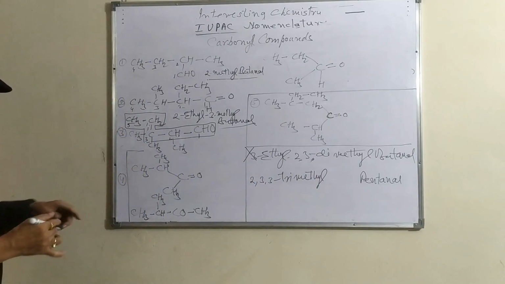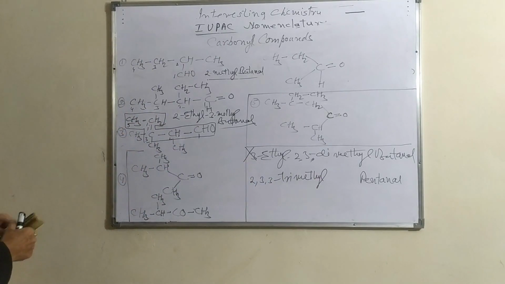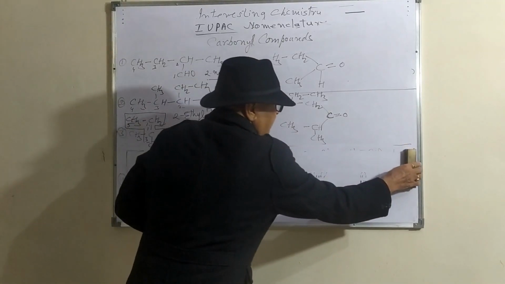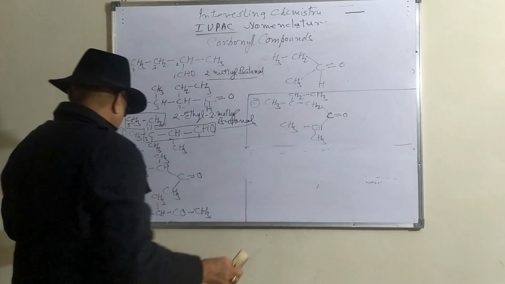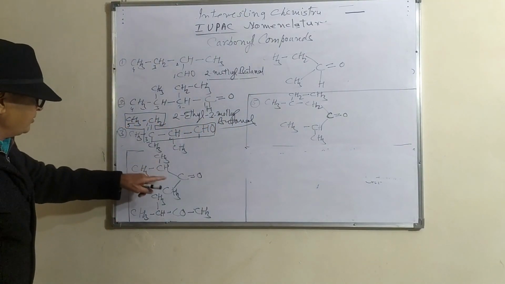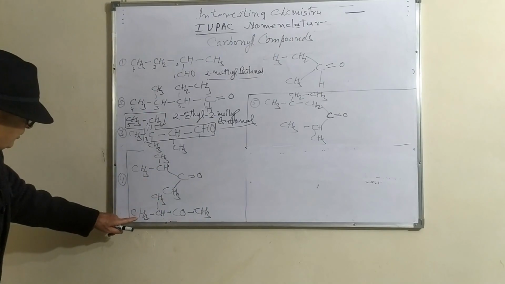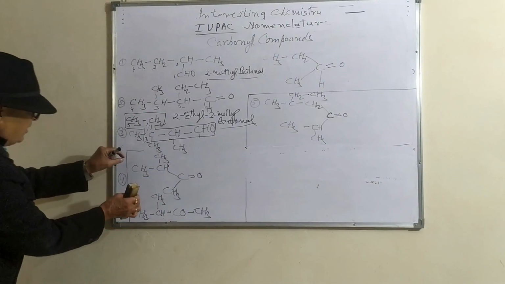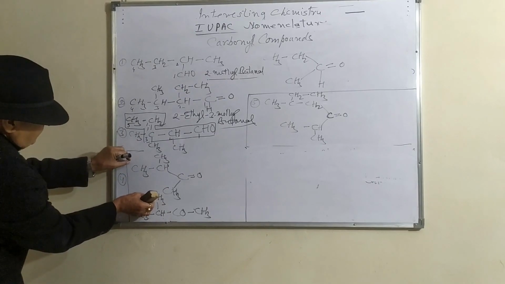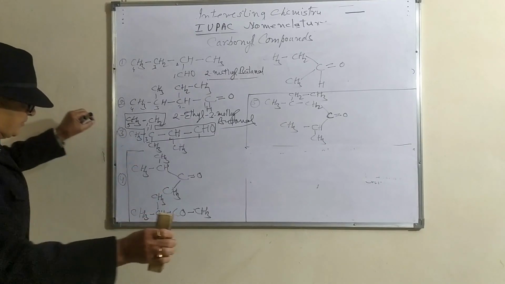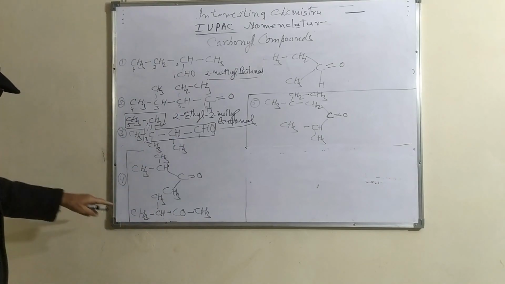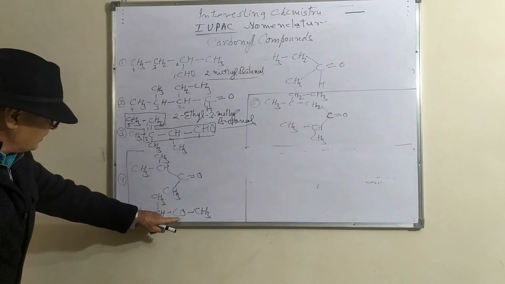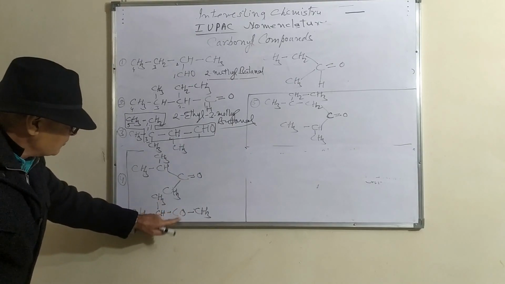So now I come to the fourth example. You have noted this. CH3, CO, CH3. This can be written in this way. You can elongate it, you can straighten its structure, hold from the end of the carbon and straighten it like that. So CH3, CO, CH3. This CO is the carbonyl group.